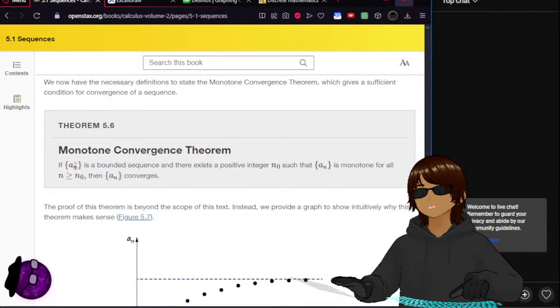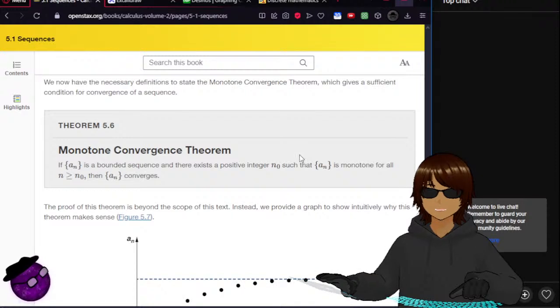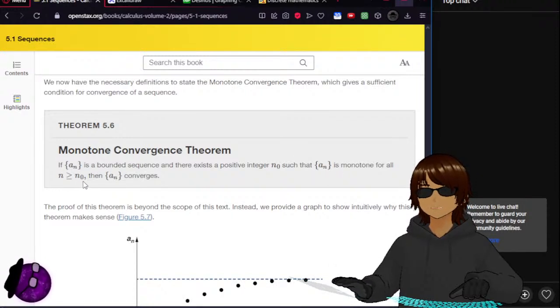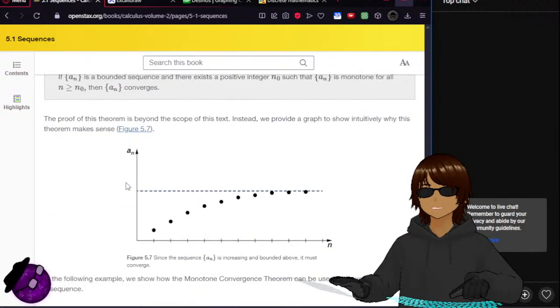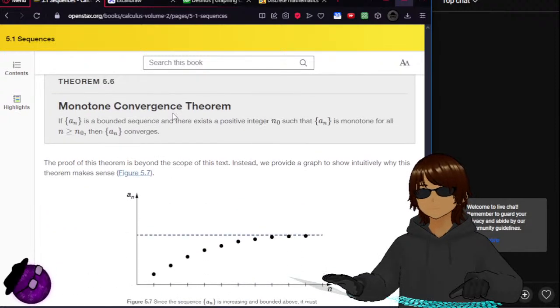If a_n is a bounded sequence and there exists a positive integer n naught such that a_n is monotone for all n greater than or equal to n naught, then a_n converges. The proof of this theorem is beyond the scope of this text.